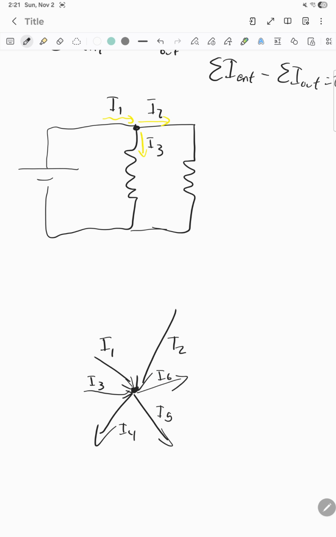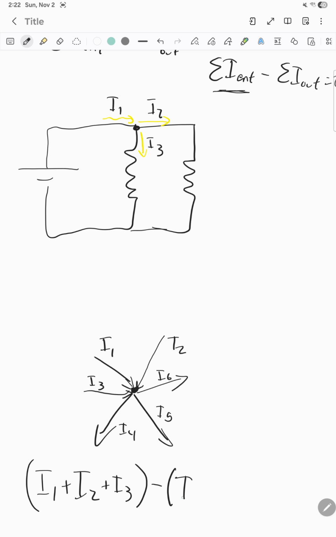So let's see all the current entering. I1 is entering, plus I2 is entering right here, plus I3, and then we see that I4 is escaping, it's out, so it's going to be negative.